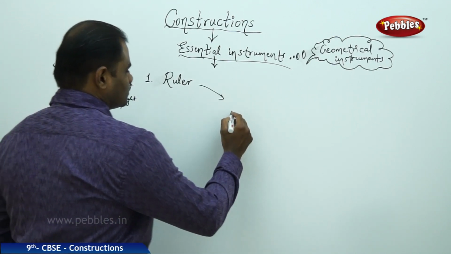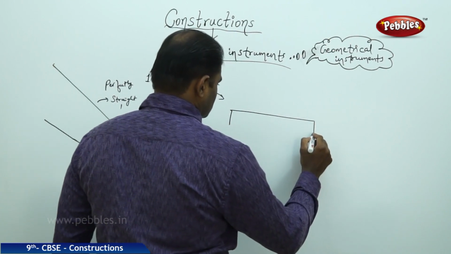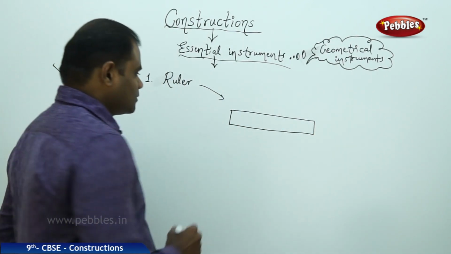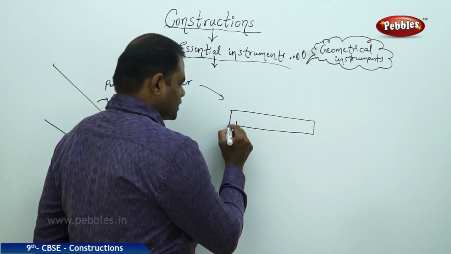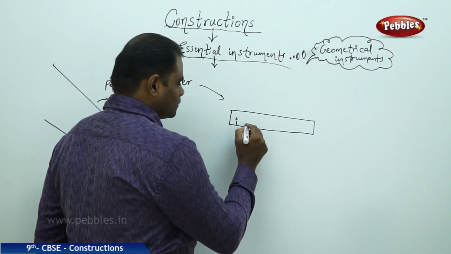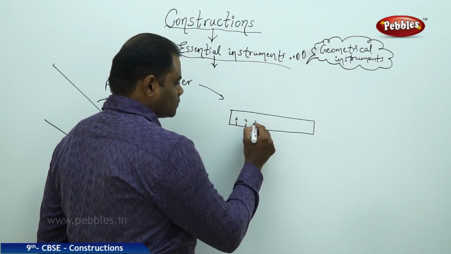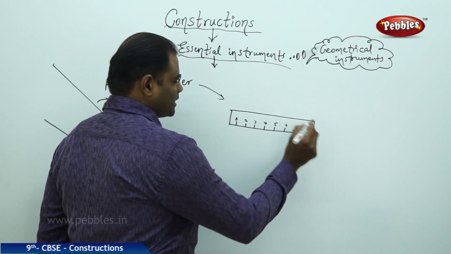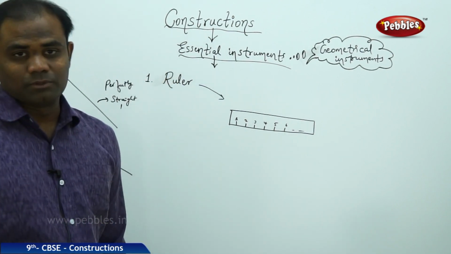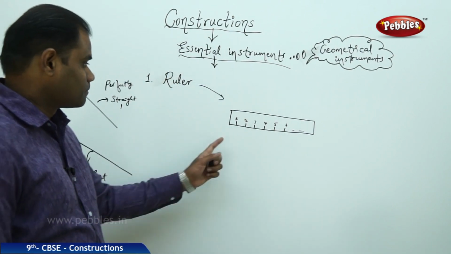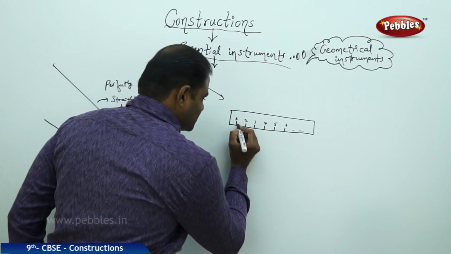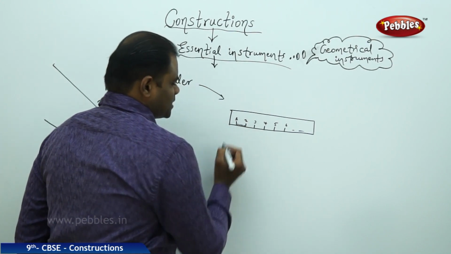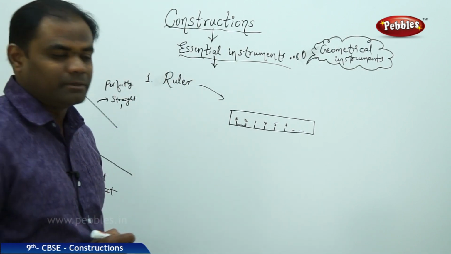Usually a ruler has measurements on each side, where it starts with 0, 1, 2, 3, 4, 5, 6, etc., up to 10, up to 20. And it has subdivisions, divided into 10, which give me millimeters.